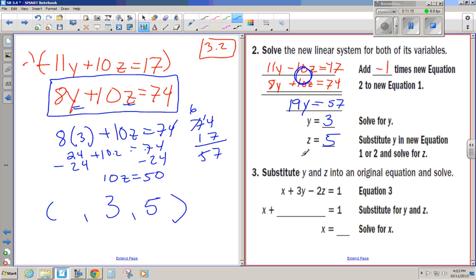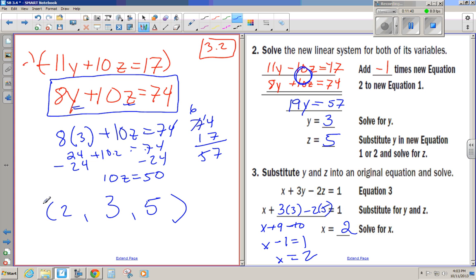Once you know y and z, plug into any of the original equations. x plus 3 times 3 minus 2 times 5. That's x plus 9 minus 10. That's x minus 1 equals 1. And x equals 2. So my solution is 2, 3, 5.